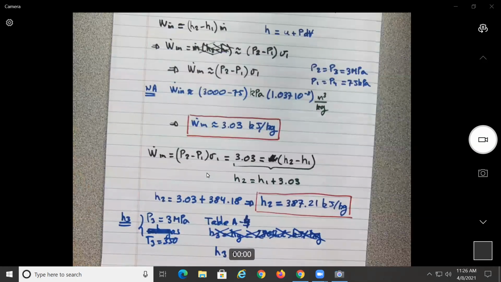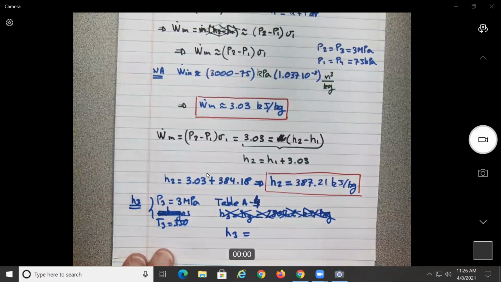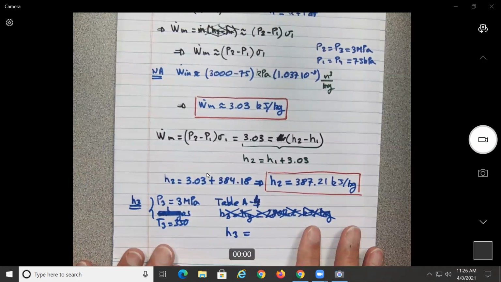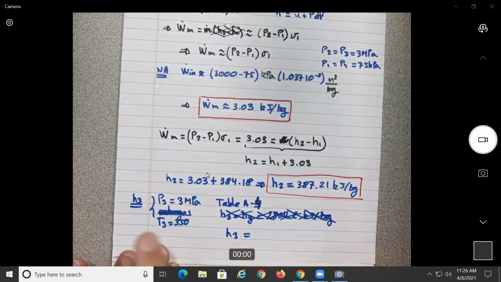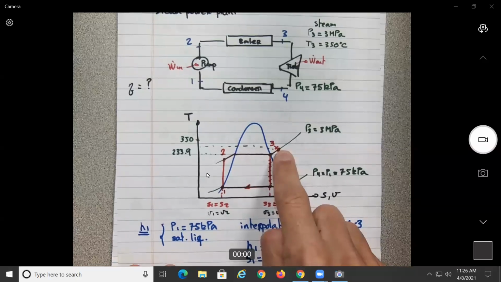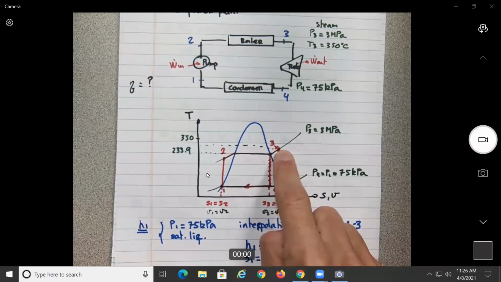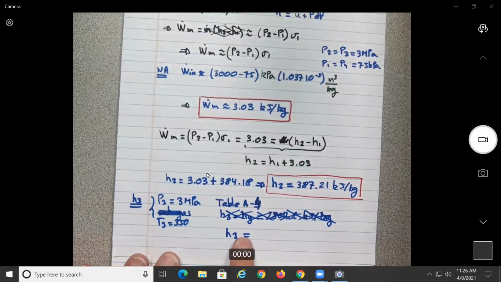All right, so we stop over here. We needed to find H3, so let's find H3. We know H3 is in this area, so that should be the superheated tables, no? So I think it should be table A4. So here we should go to table A4.